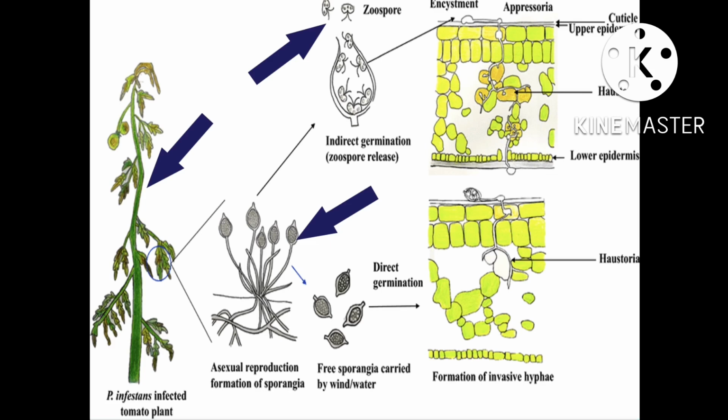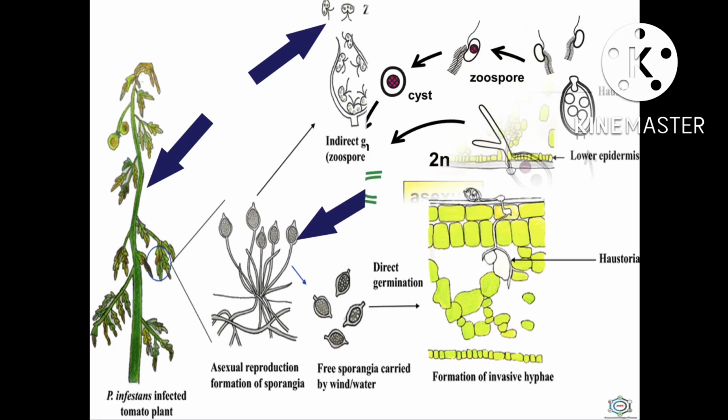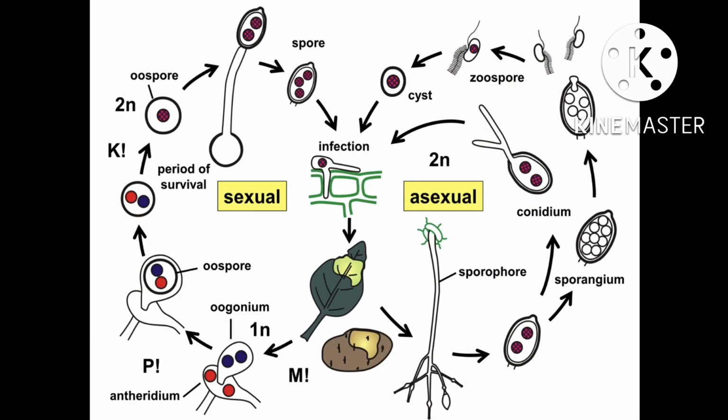Sexual reproduction is oogamous and results in the formation of thick-walled oospores. So this is about the Phytophthora. Here there are the two processes, sexual and asexual. Sexual occurs by the oospores and the asexual occurs by the sporangiophore or conidium formations, zoospores. This is oospore.